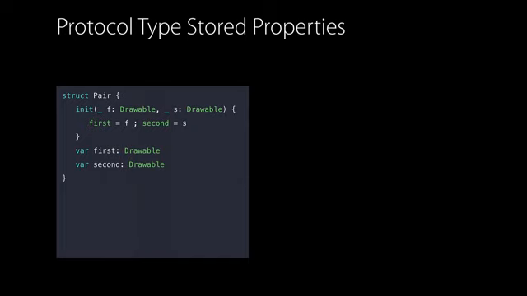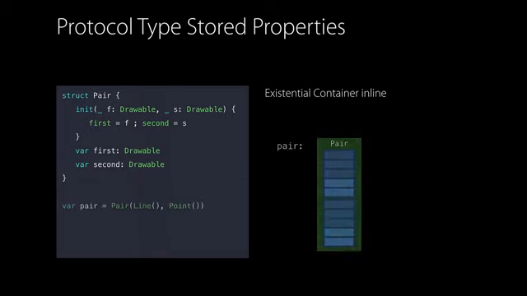Now, how does Swift store those two stored properties? Well, inline of the enclosing struct. So when we allocate a Pair, Swift will store the two existential containers necessary for the storage of that Pair inline of the enclosing struct.